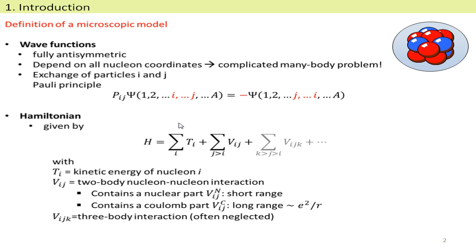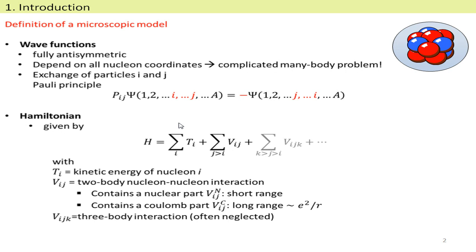And the Hamiltonian in a microscopic model is given by this expression, which includes the kinetic energy of each nucleon. It includes a two-body nucleon-nucleon interaction, and in some cases may include higher order terms, like a three-body interaction.